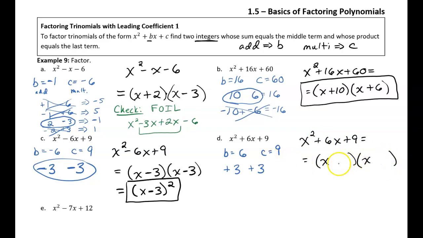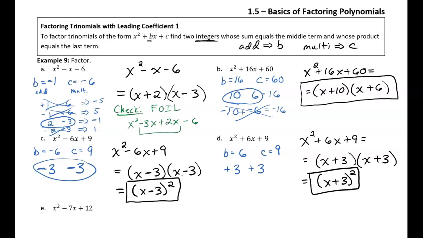Our integers we found were plus 3 and plus 3. And once again, these are the same, so I can write it in a more condensed format, x plus 3 squared.